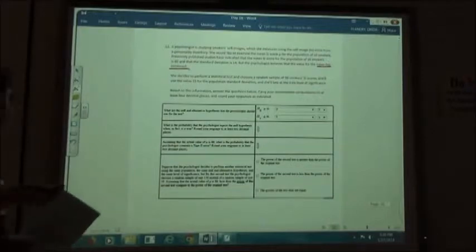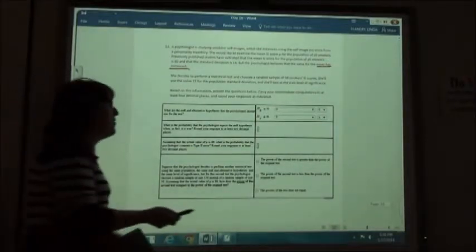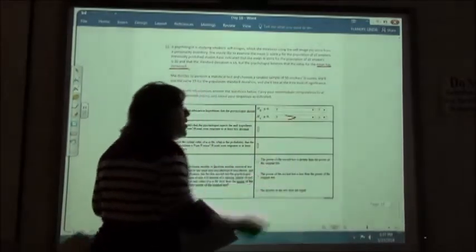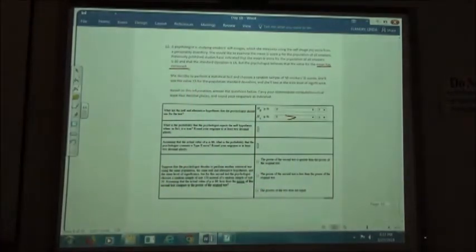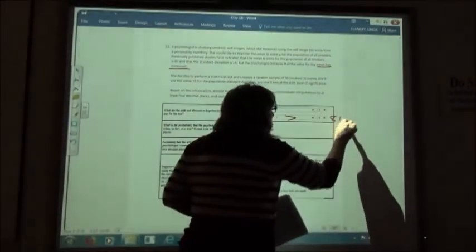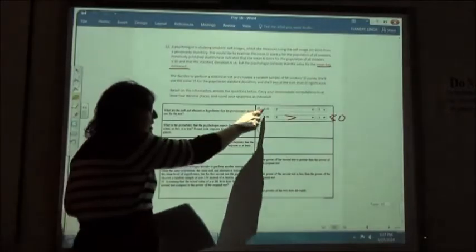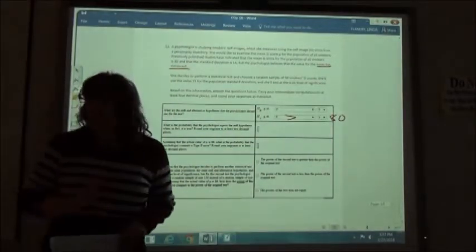So if it increased, what math symbol would we use? Greater than, right? The greater than is going to go in for your alternate one because it doesn't have an equal to on there. Greater than 80 is what we're comparing it to, right? 80 was where it was. That means the null is going to be what math symbol?